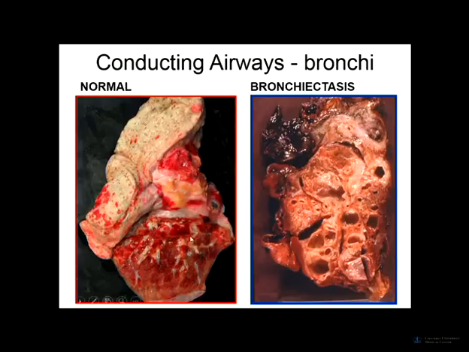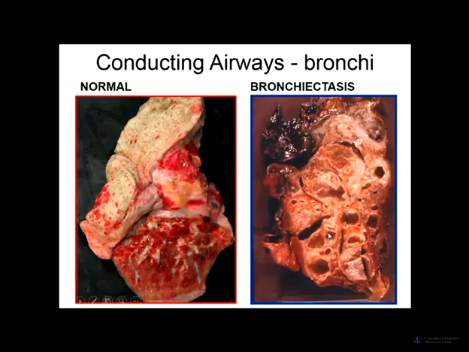Here is again a normal lung, and this is bronchiectasis. The alveolar lung parenchyma is largely lost in areas, and we'll go back to that in a second, but the most dramatic abnormality is these large cyst-like spaces, which really are, in fact, dilated bronchi.